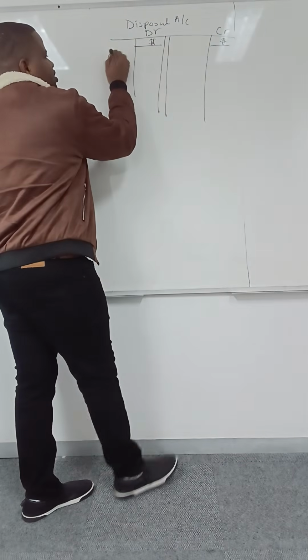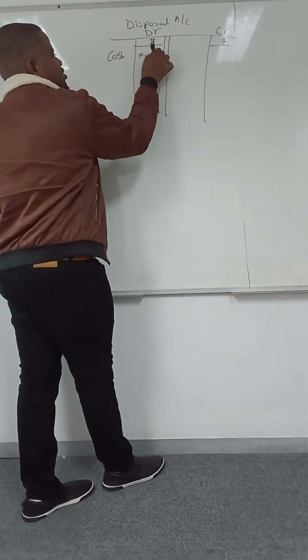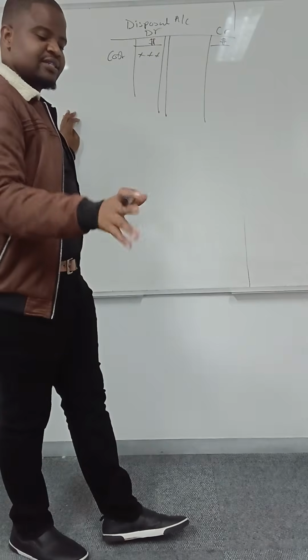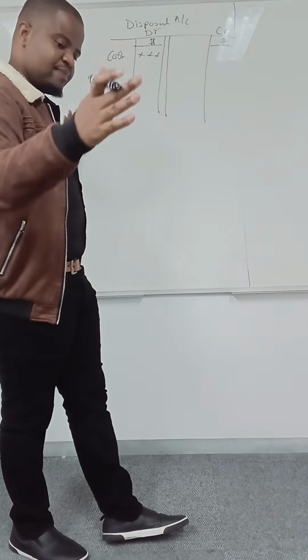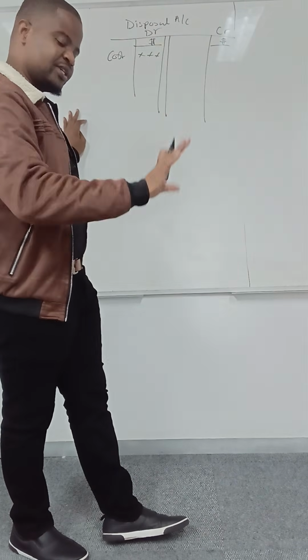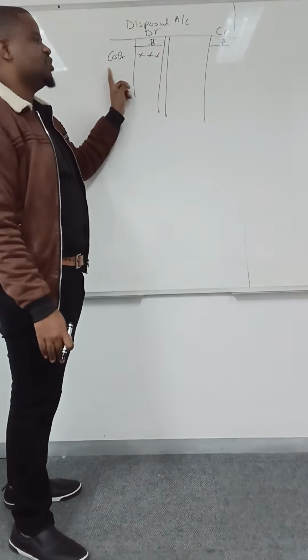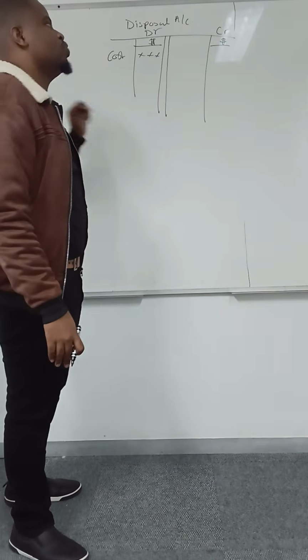Then we write cost. This is the cost that we indicated in the asset account under disposal. The same amount you put in the asset account under disposal on the credit side, you put on the debit side, to complete the double entry, and say cost.